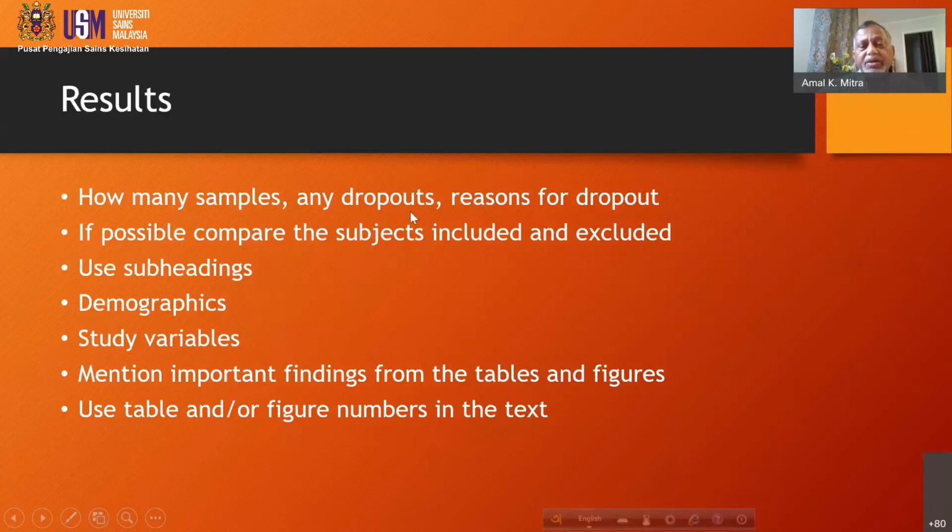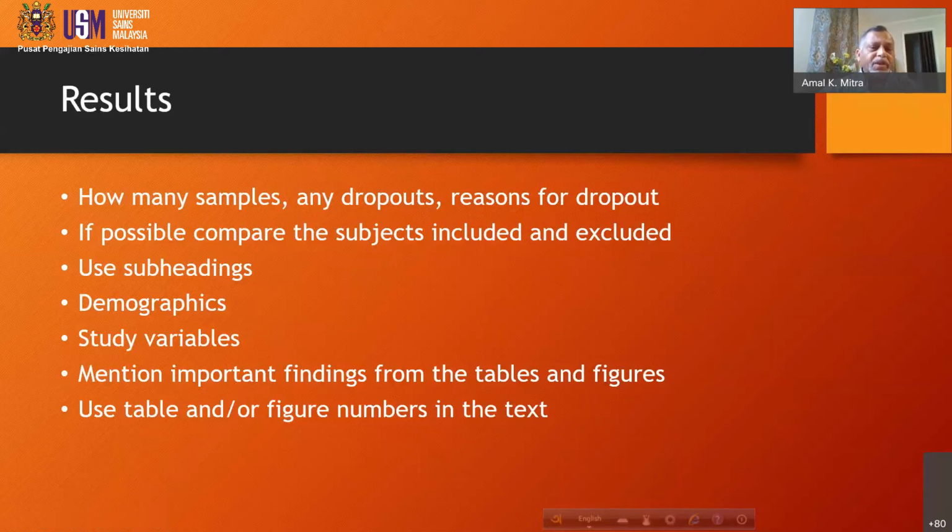Many journal papers I read or review do not mention reasons for dropout. But this is important because it will help future researchers to do similar studies if they know upfront why people can be dropped out of your study.